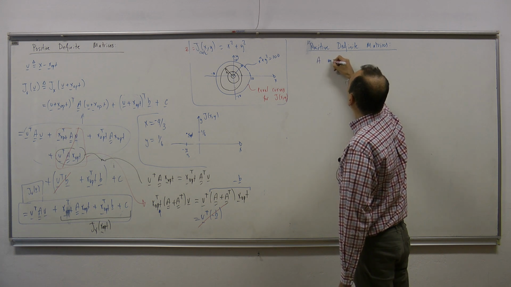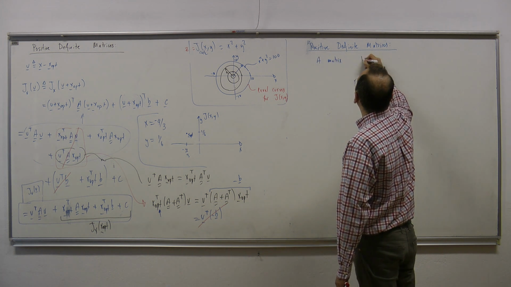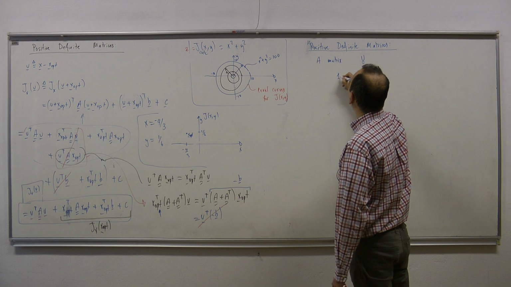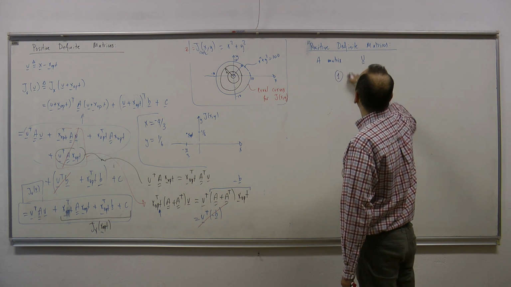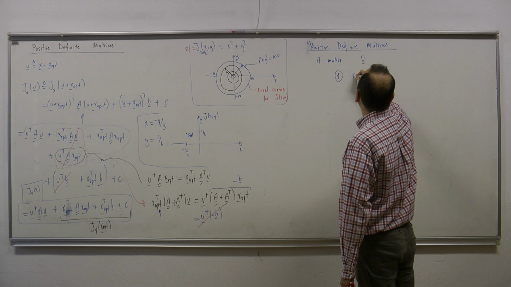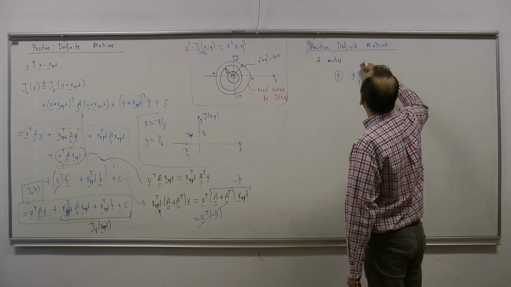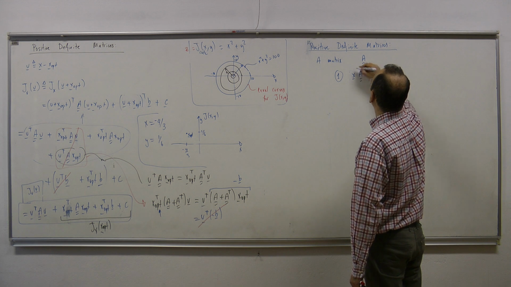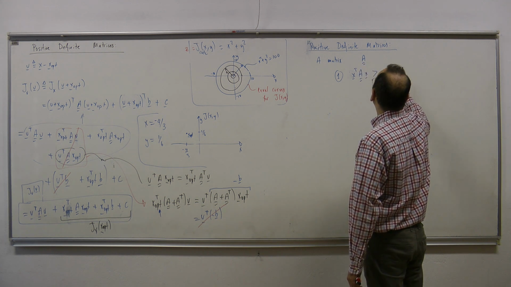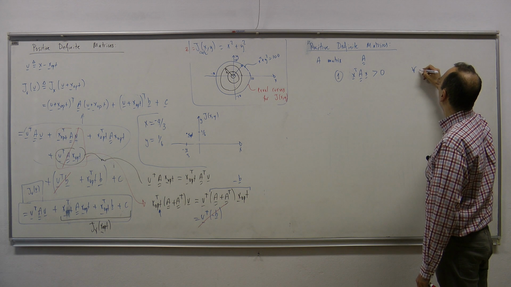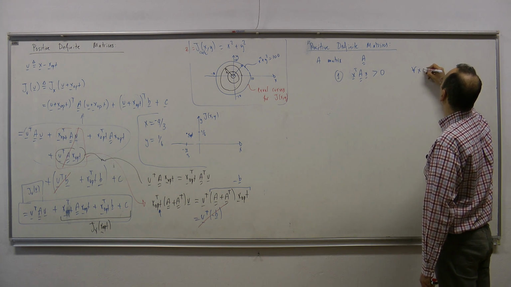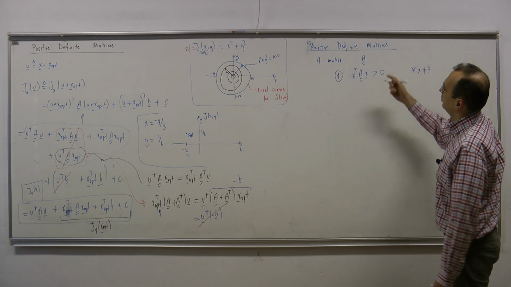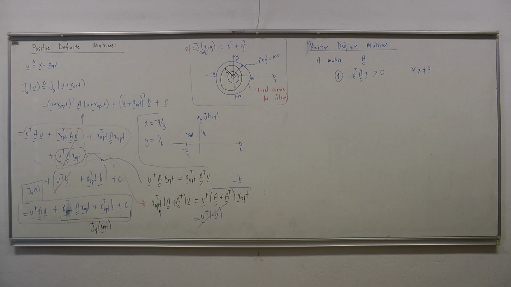A matrix A, number 1, if x transpose A x is greater than 0 for all x not equal to the 0 vector, because x is trivially equal to 0. Okay?